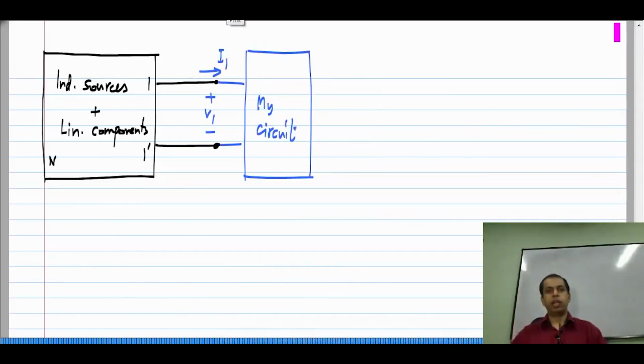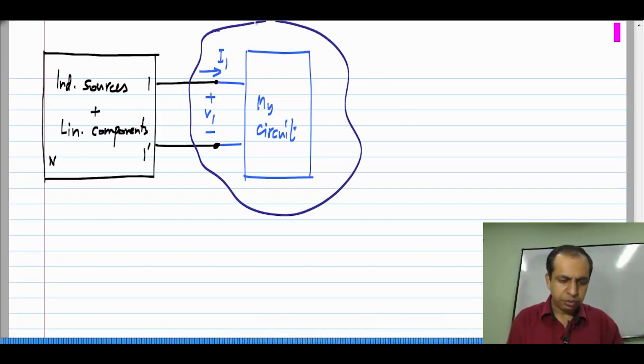To do that, to derive a model of the circuit that I have, circuit N, first I will use the substitution theorem. This is why I discussed it earlier. What I will do is substitute this entire thing with a current source.